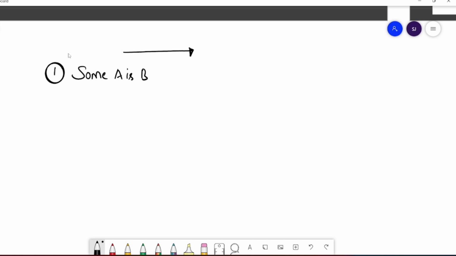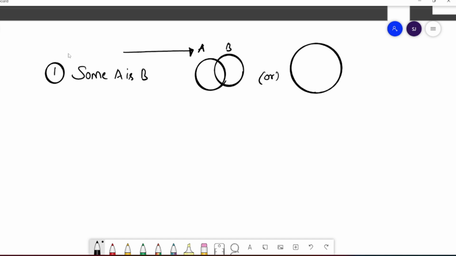It can be represented in two ways. First is this: some A is B is represented like this. Or it can also be represented in this way, which is also some A is B. This is A, this is B. So some of A, or this portion, is not B.